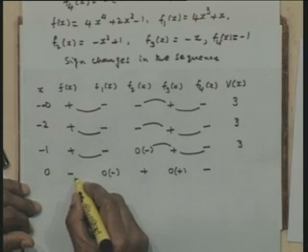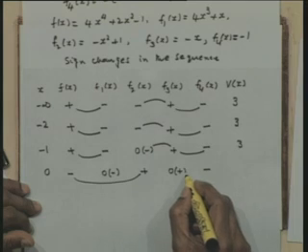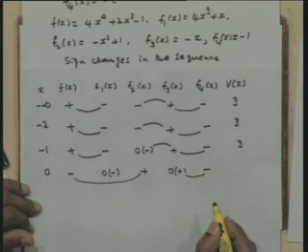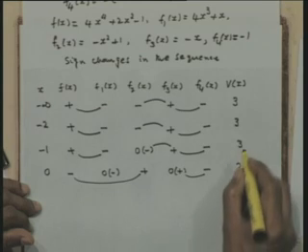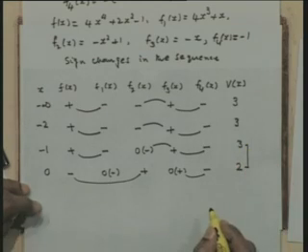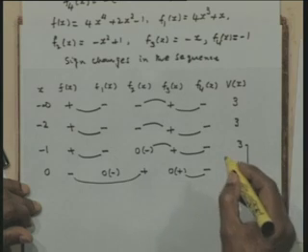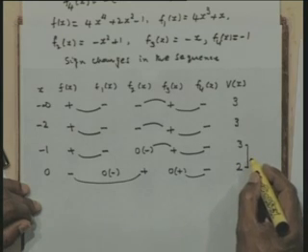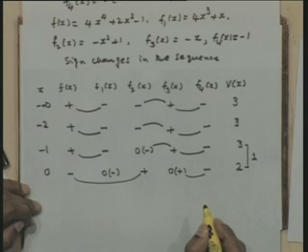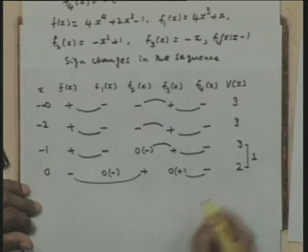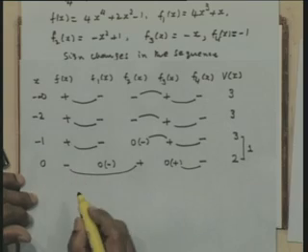Now, I have a change in sign from minus to plus, and a change in sign from plus to minus here. I have got two changes in sign. Therefore, V of minus 1 minus V of 0 in magnitude is 1. Therefore, this is one change in sign over here. Therefore, we will conclude a little later.